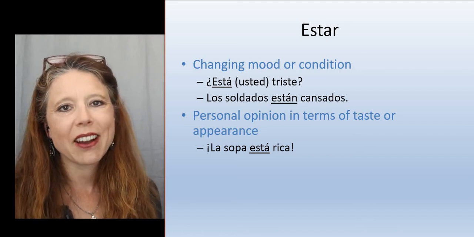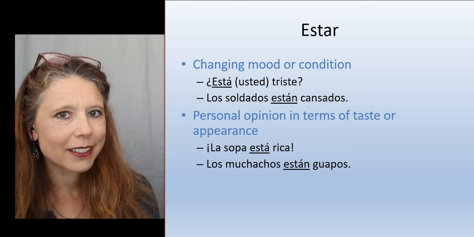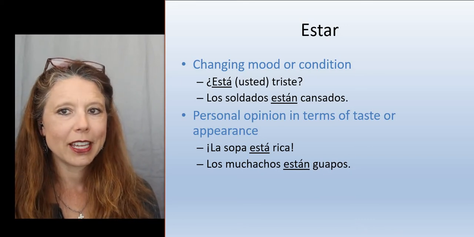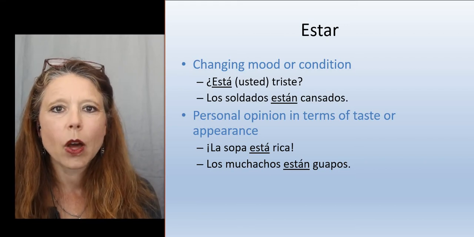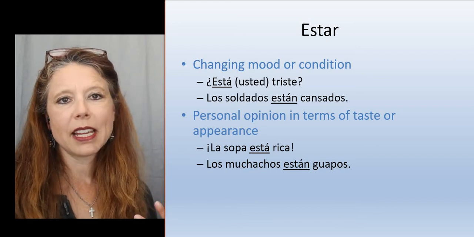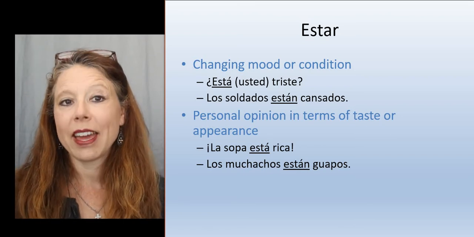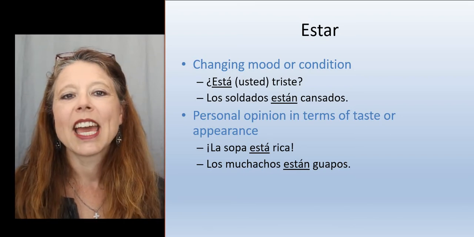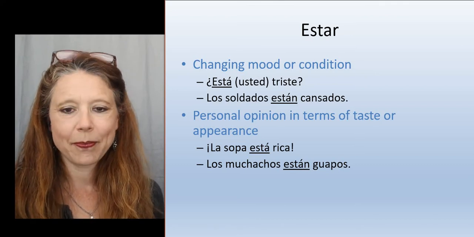La sopa está rica. Los muchachos están guapos. The boys are handsome. Maybe they really fixed themselves up tonight. Combed their hair back really well. Wow, they're looking good. So we say, están guapos. Okay, we use the verb estar.